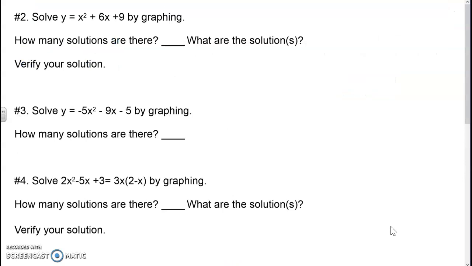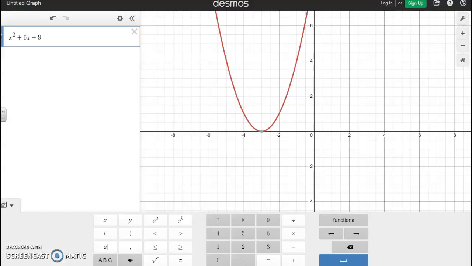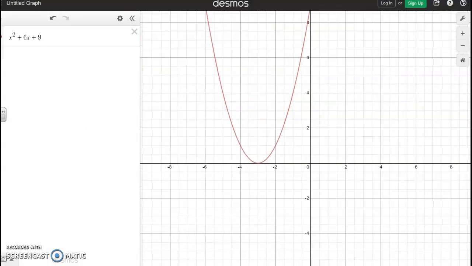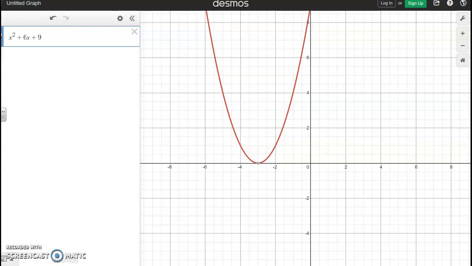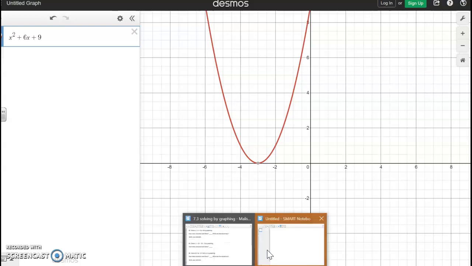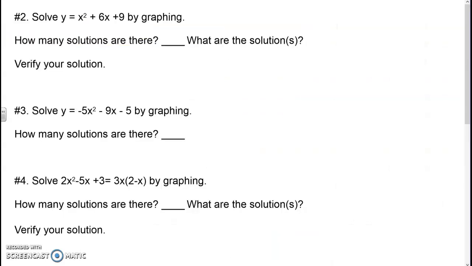Solve this by graphing. Okay, so I'm going to leave you to plug that into Desmos and answer those questions. Here's the graph I get when I plug that in, and you can see that my solution is -3. So I could write in here, there's one solution. What are the solutions? x equals {-3}.